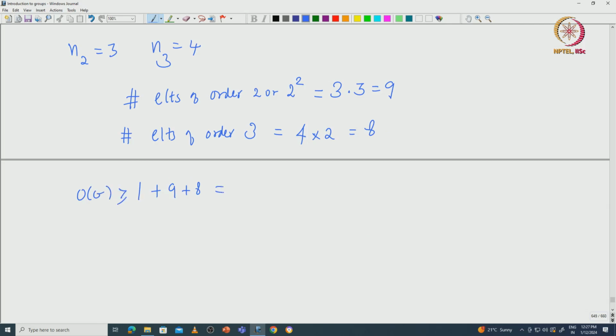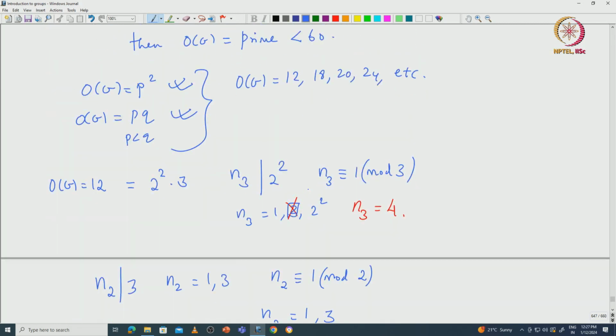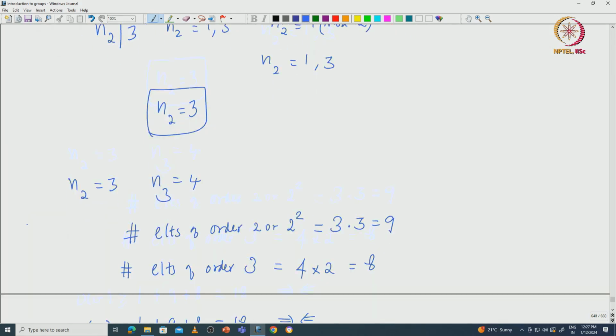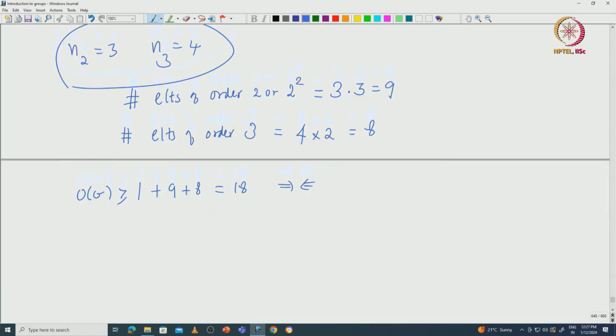But this is 18, which is a contradiction, because our group was given to have order 12. So both cannot be 3 and 4. That means one of them should be 1. So a group of order 12 must have a normal subgroup: either the Sylow 2 subgroup is normal or the Sylow 3 subgroup is normal.